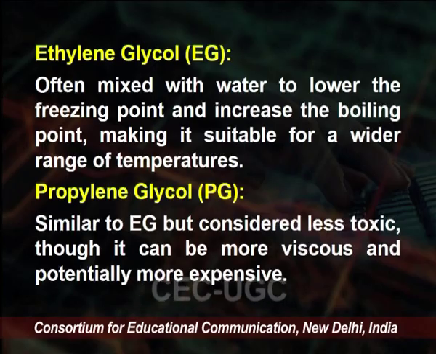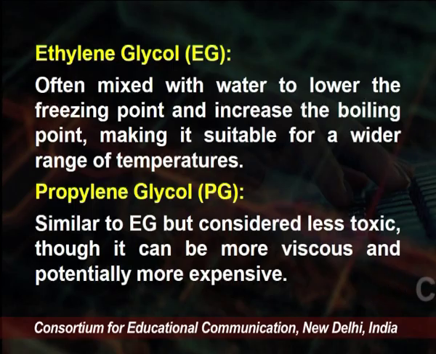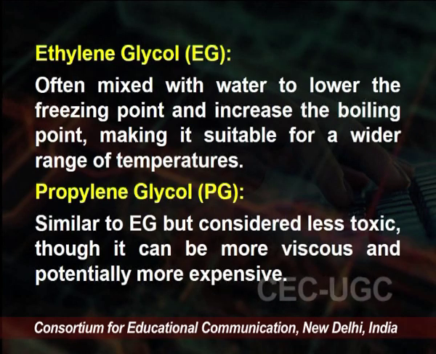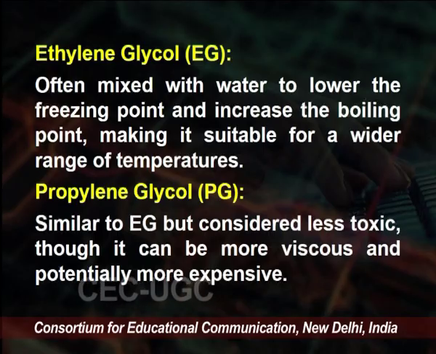There is one question: why do we add water to the ethylene glycol? Just to lower the freezing point and increase the boiling point, making it suitable for a wider range of temperatures. Another is propylene glycol, that is PG, which is similar to EG, ethylene glycol, but considered less toxic, though it can be more viscous and potentially more expensive.